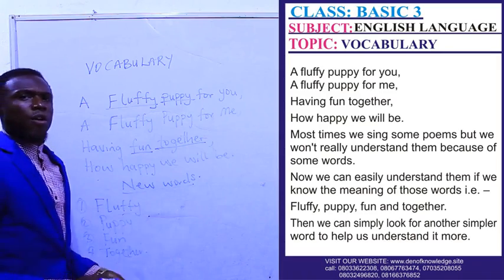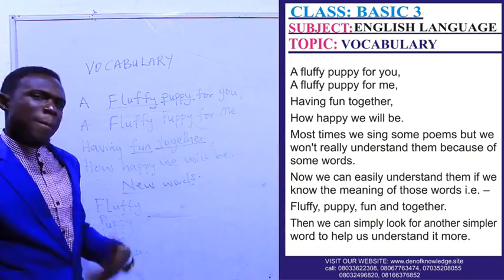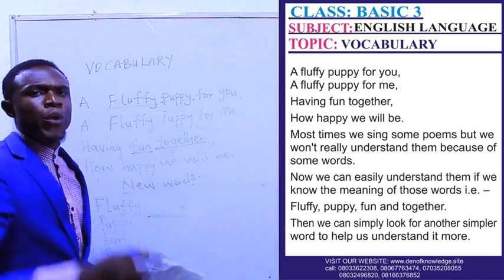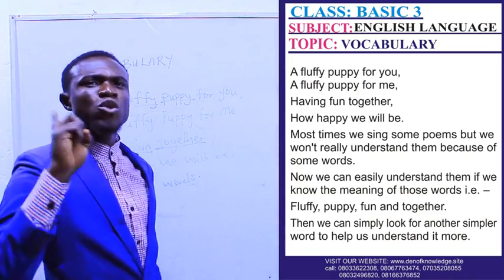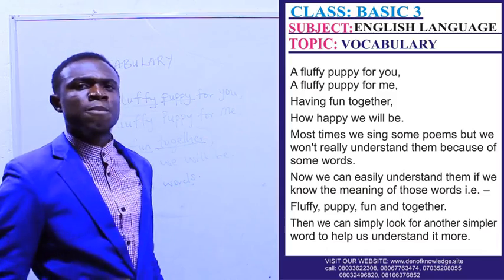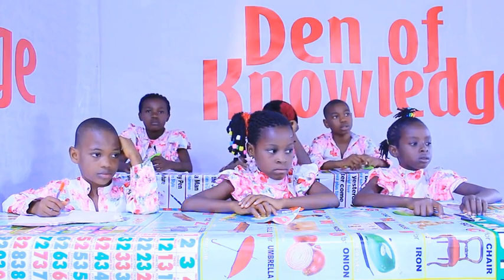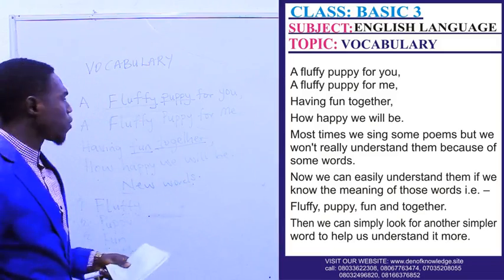These are vocabulary words. I don't know their meaning, but I want to know it so that I can understand this very well. Every story you read, every note you read, every poem you recite, make sure you know the full meaning of it by checking each vocabulary word there.